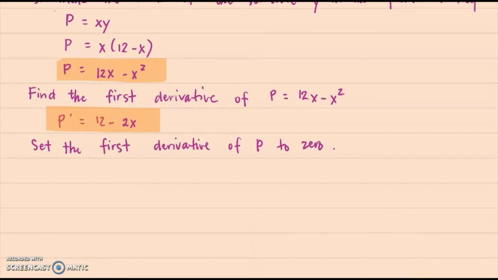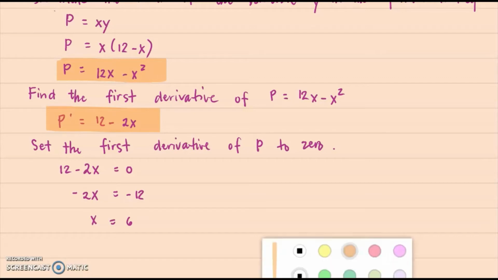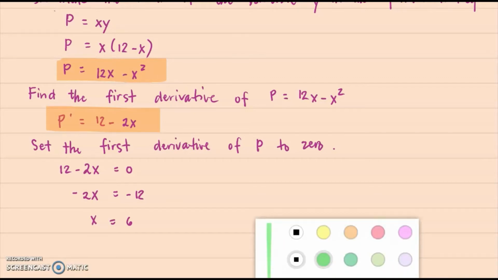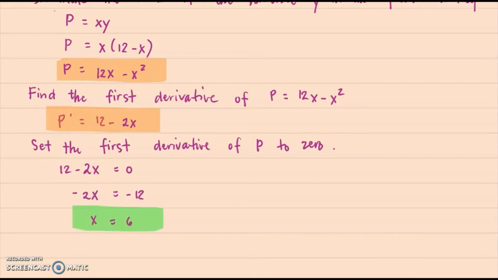So we have 12 minus 2x equals 0. Negative 2x is equal to negative 12. Solving for x, we have x is equal to 6. Let's highlight that.